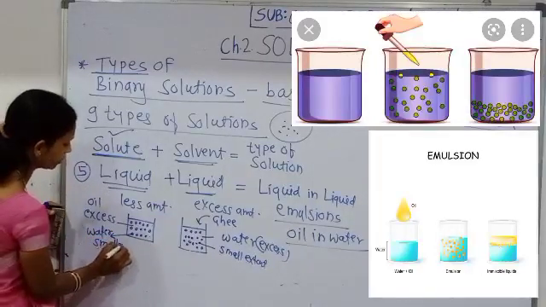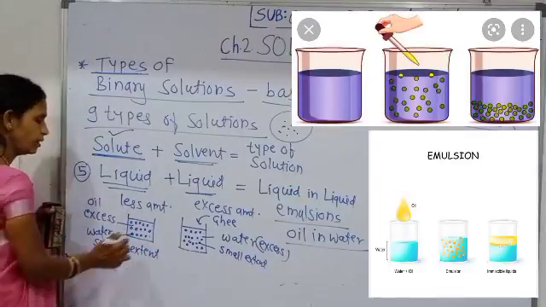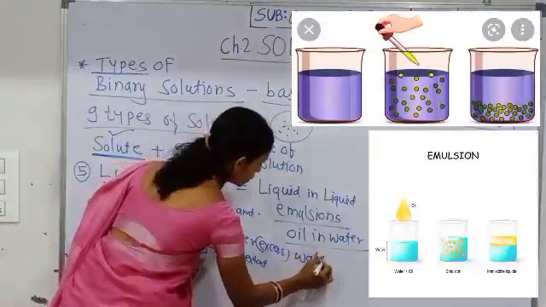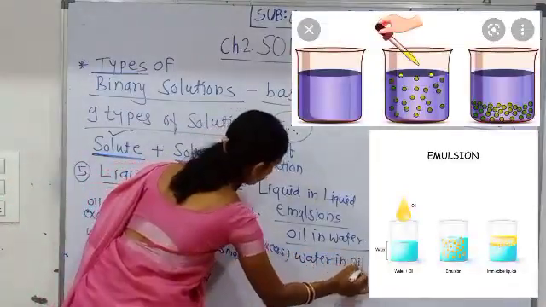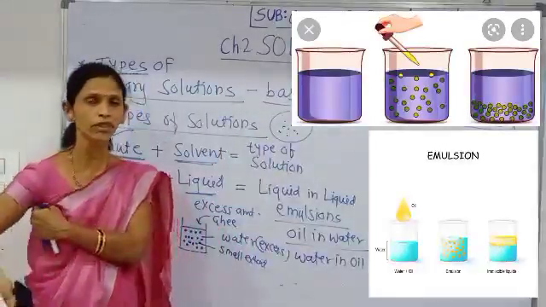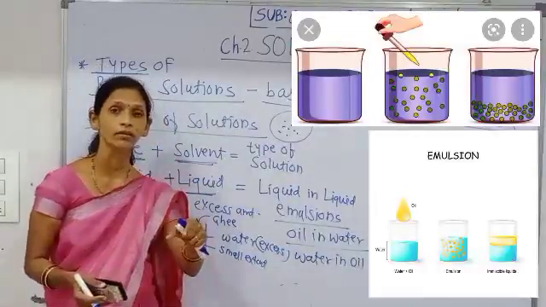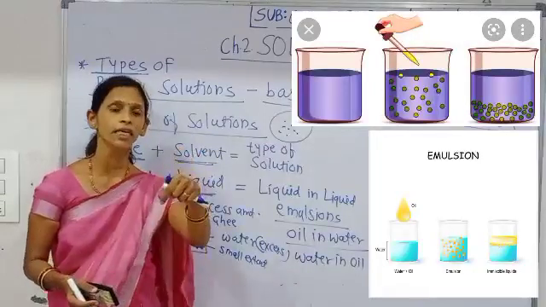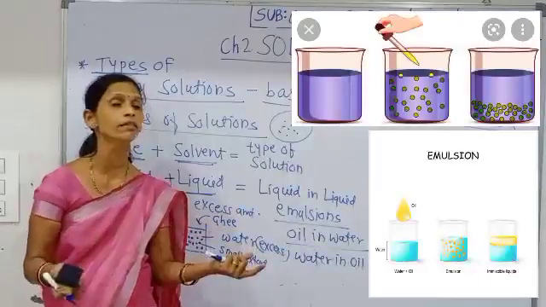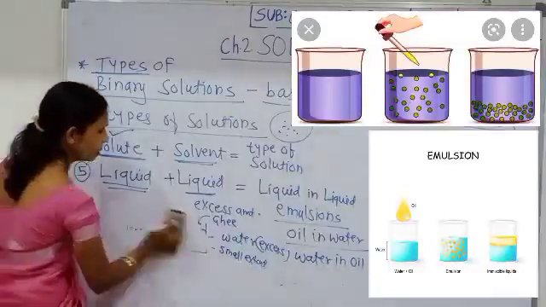That emulsion is the water in oil type. That type of emulsion we generally make at home while cooking, that is Shankarpali. We can add milk and ghee into it, and we shake that mixture vigorously to get the emulsion, and that is an example of liquid in liquid type.